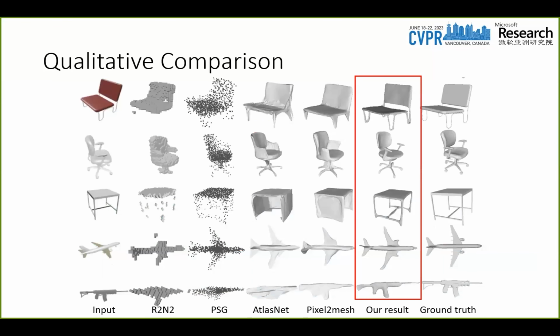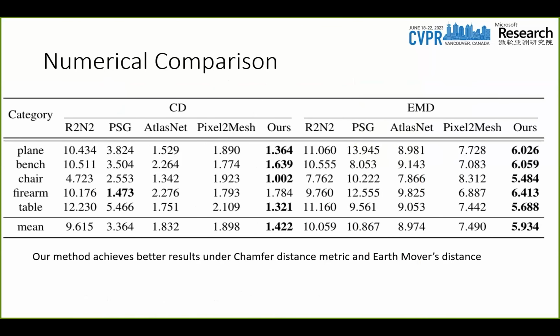Here we show the single-view 3D reconstruction results generated by our method and other methods. Note that our method can well reconstruct the structure of 3D shapes from a single-view input image. Numerically, our method also outperforms most of the existing methods at that time.